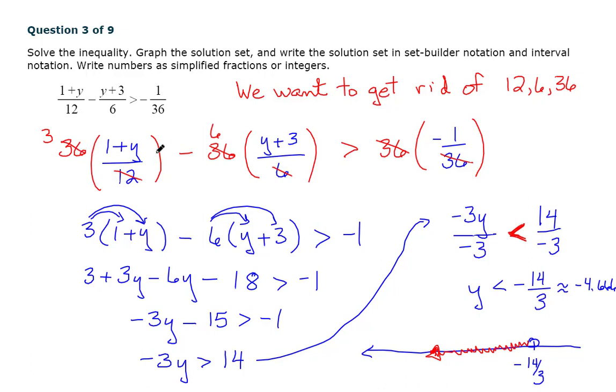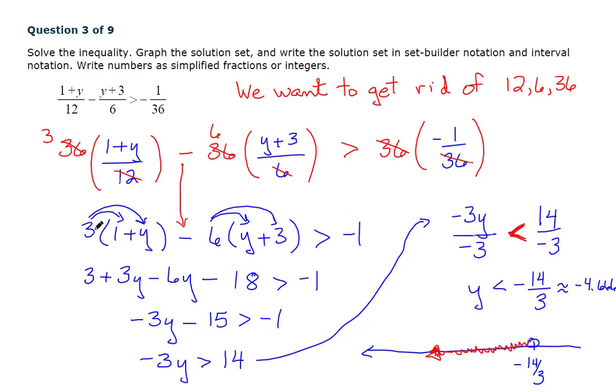So I'm going to multiply each and every piece by 36. 12 goes in there 3 times, so I've got 3 times 1 plus y. 6 goes in there 6 times, so 6 times this piece, and don't forget the minus. These 36's cancel, and I get a minus 1.